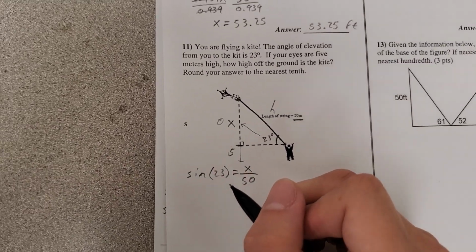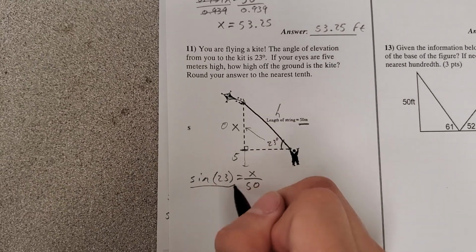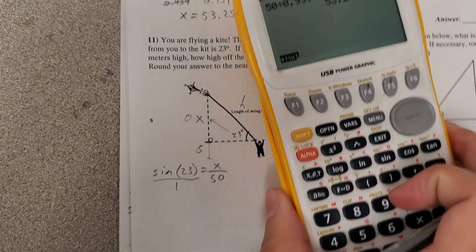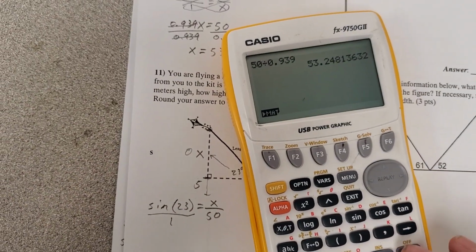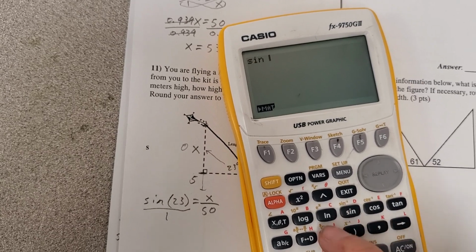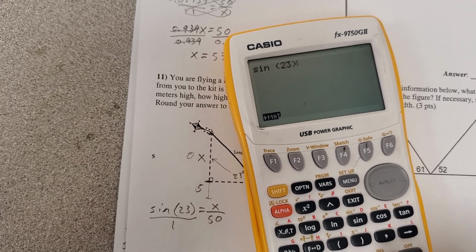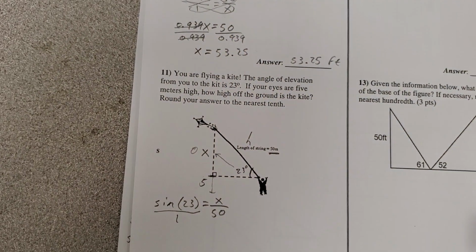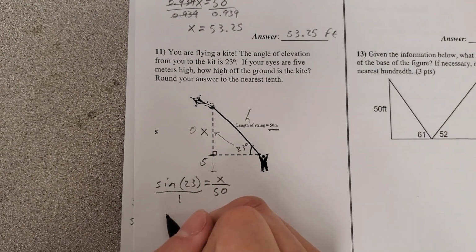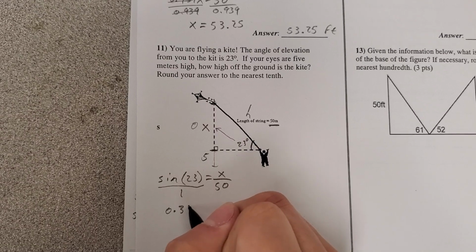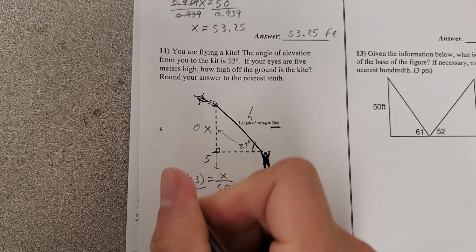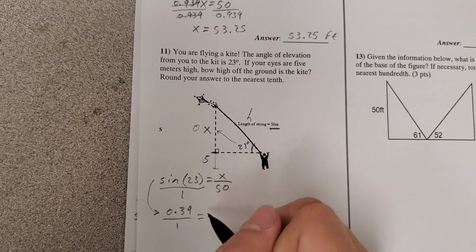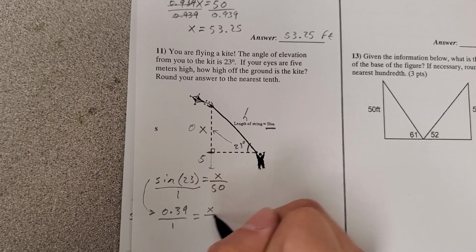All right, so again I can do this over 1, and let's put sine of 23 in the calculator. So we have sine of 23, that is equal to 0.39. So I get 0.39 over 1. Again, I pretty much replace those two, equal to x over 50.